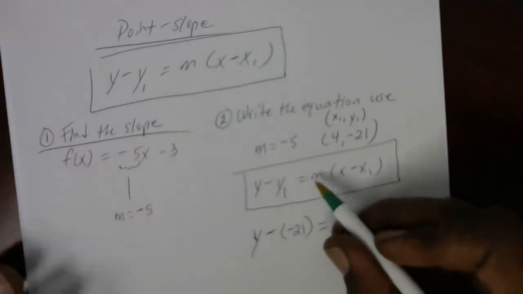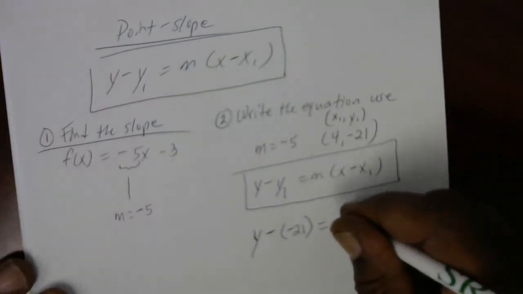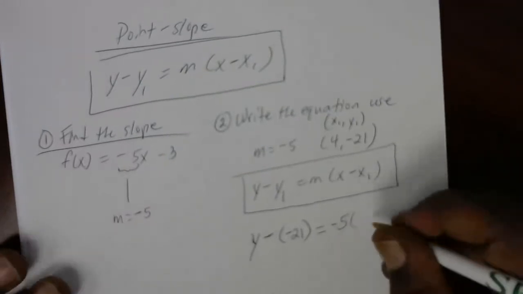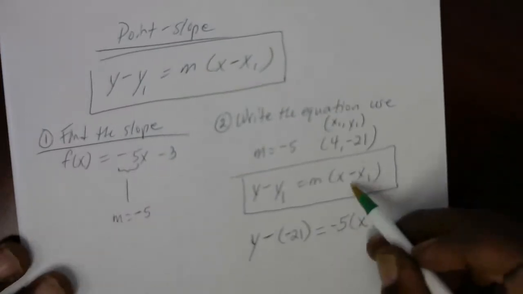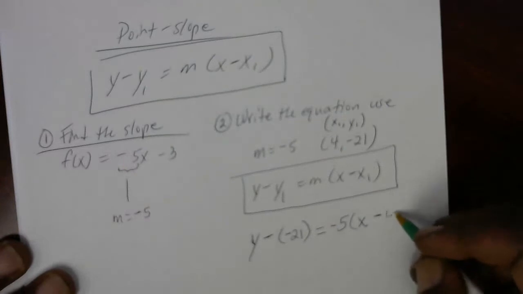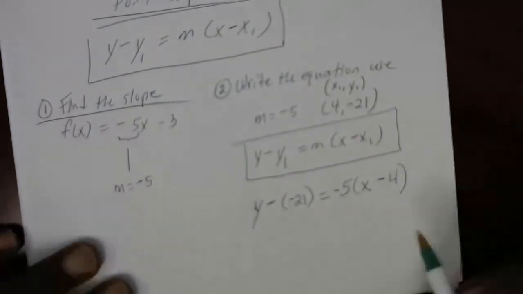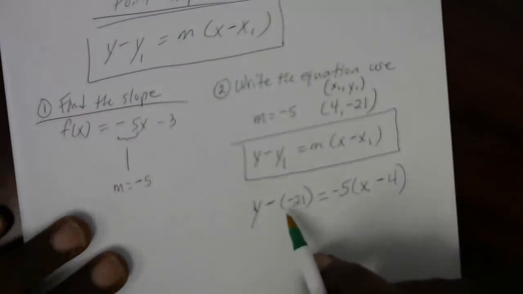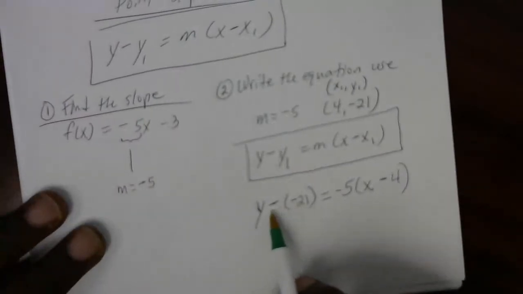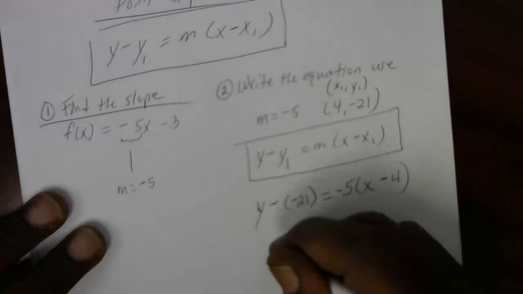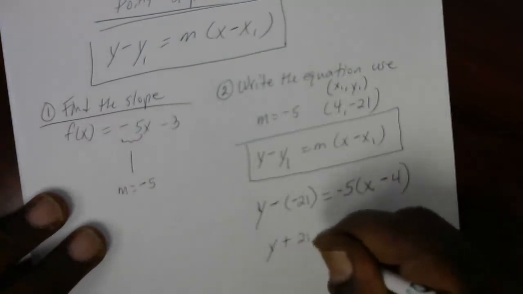That's equal to m, which is -5, times x minus x sub 1, which is 4. On the left-hand side, I'm going to simplify by rewriting this double negative as a positive. So we have y plus 21.